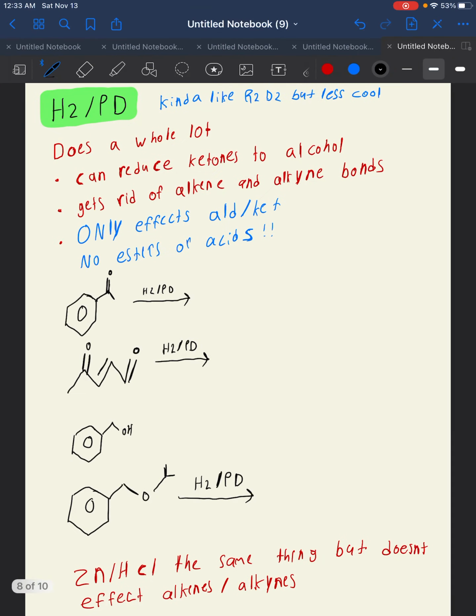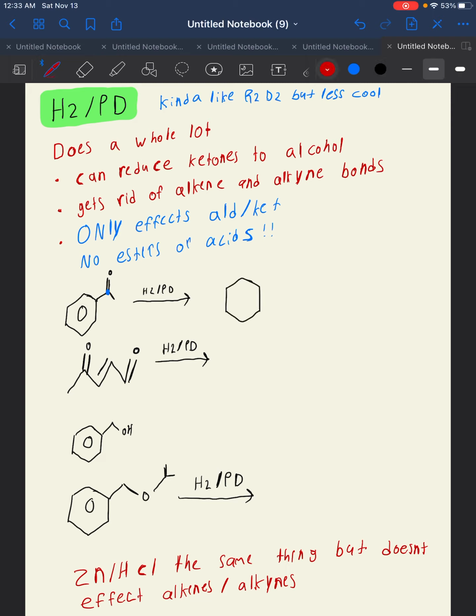Moving on, we're just flying on through these. H2/Pd, kind of like R2D2, but way less cool. It does a whole lot. It can reduce ketones to alcohols, gets rid of alkene and alkyne bonds, only affects aldehydes/ketones, and does not affect esters or acids. However, the benzylic carbon position, as you could see from our first example, the joke example, is a unique position for H2/Pd because it can actually reduce the ketone if it is in that benzylic position.